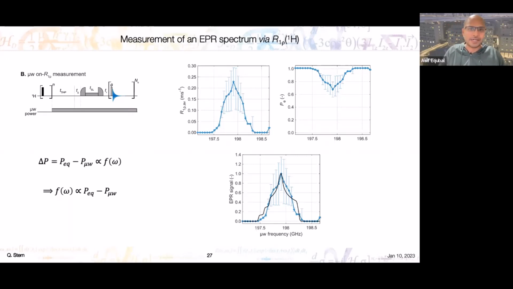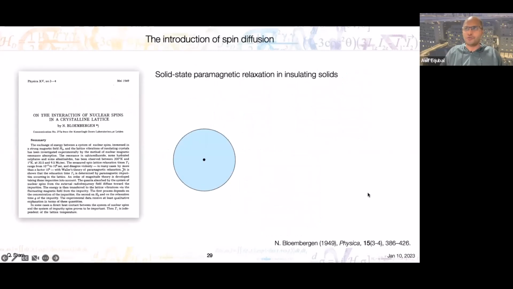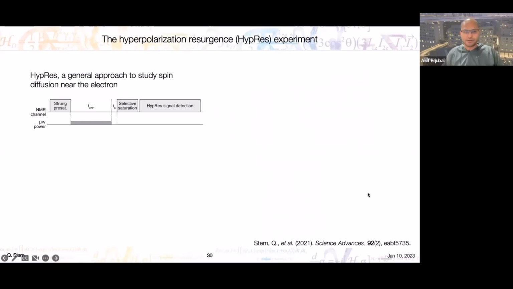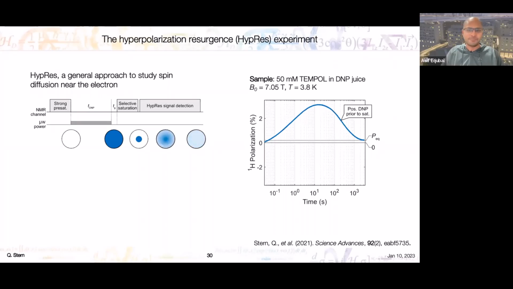So regarding the last part of your talk, you saturate the bulk nuclei and then you wait and you see a polarization transfer, most likely from the core nuclei. Right. And then you showed that with different microwave power, you can change the rate of the transfer.